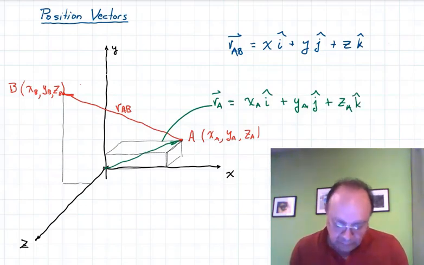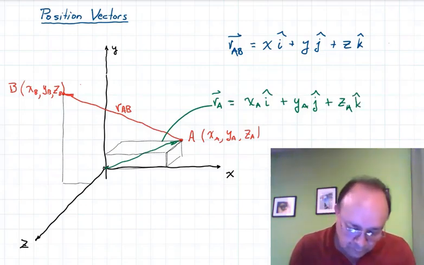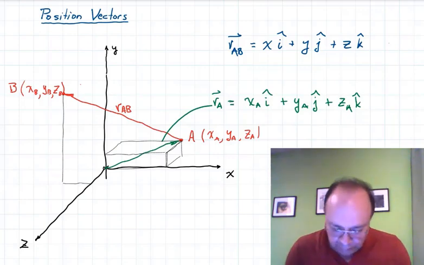In the same way, we can define here the position vector of point B with respect to the origin.